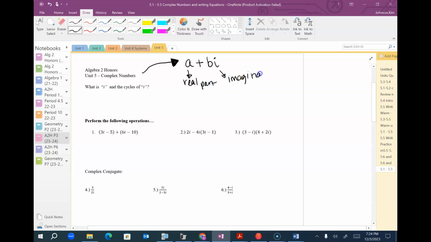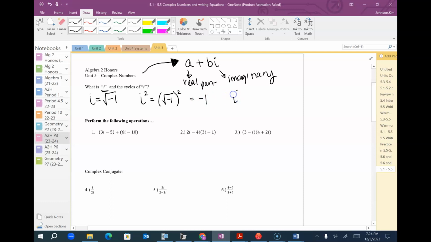All right, so we're going to do operations on said complex numbers, but before we do that, we have to understand a little bit more about how i works and what the cycles of i are. So we know that i is considered to be the square root of -1. If we take i and we square it, that would be us squaring the square root of -1, which means we just get -1.